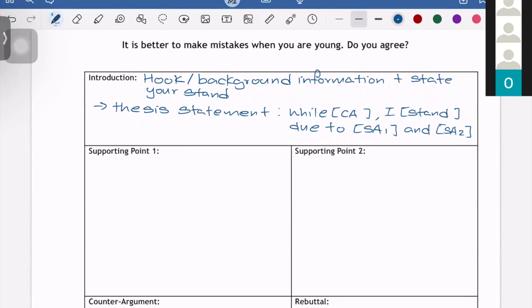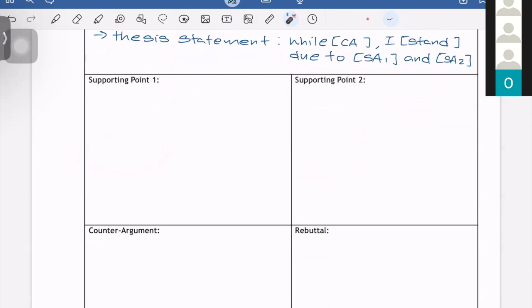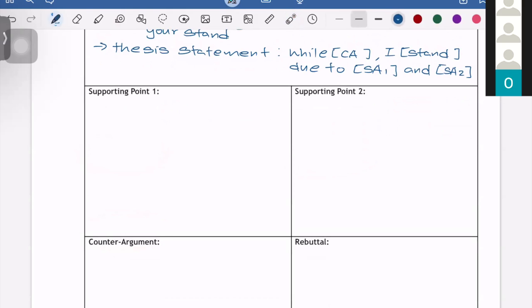Argumentative essay, 1 paragraph to 1 supporting point. So it will be introduction. Second paragraph is your supporting point 1. Third paragraph will be supporting point 2. And then your counter argument and your rebuttal. You will notice that your rebuttal is not mentioned in your thesis statement. In each of your body paragraphs here, make sure you're writing these 4 points.